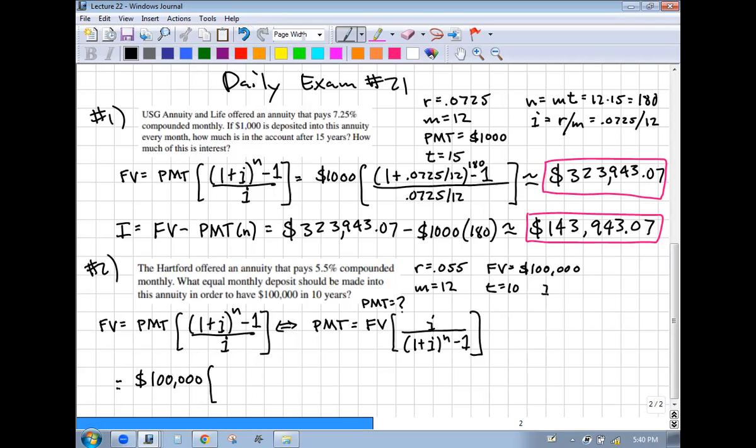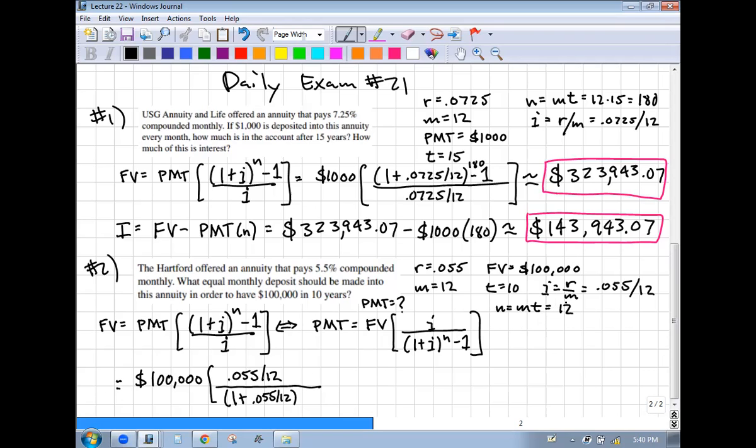Well, I, the rate per period, should be 0.055 over 12. So let's plug that in: 0.055 over 12, over 1 plus 0.055 over 12 to the n power. Well, n is m times t.